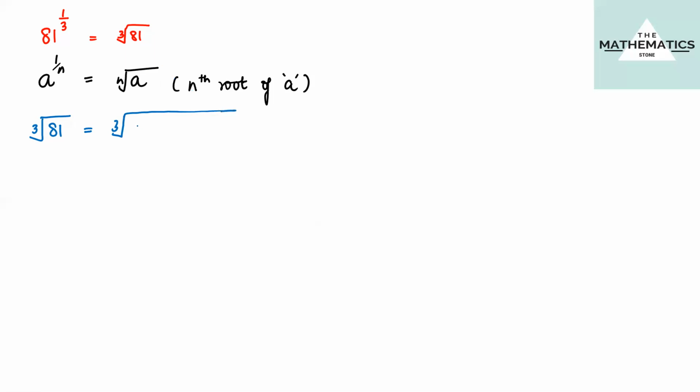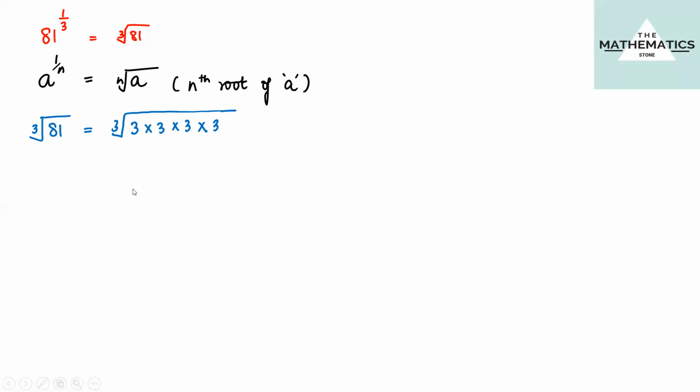So 81 can be written as 3 times 3 times 3 times 3. Am I right? 3 times 3 is 9, 9 times 3 is 27, 27 times 3 is 81.